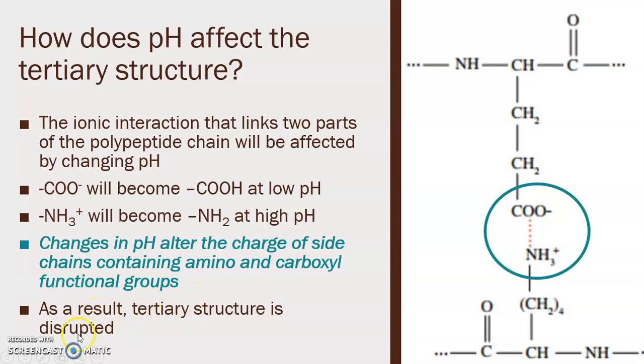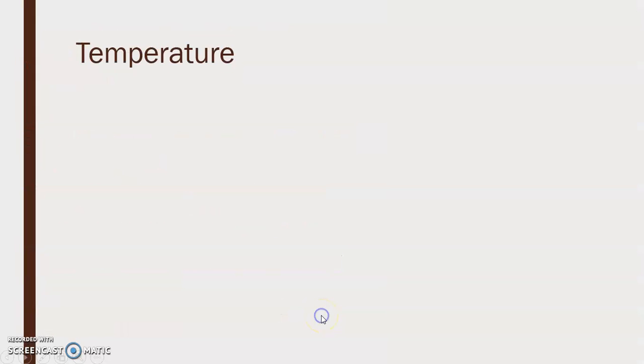As a result, the tertiary structure is disrupted. So that's how pH changes enzyme action. Basically it changes the charges of those ionic interactions and therefore destroys the tertiary structure of a protein, and therefore the enzyme is no longer useful.